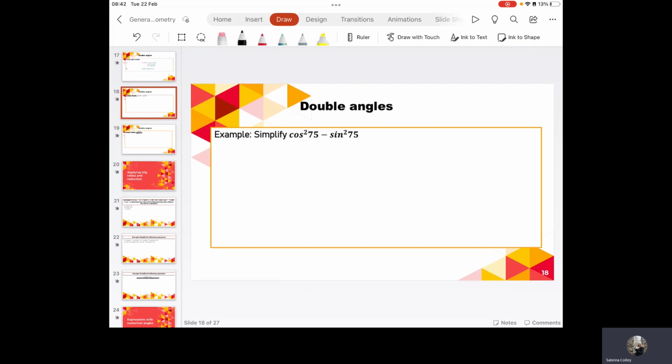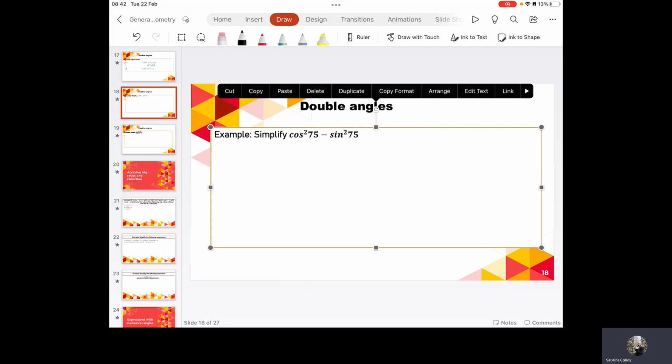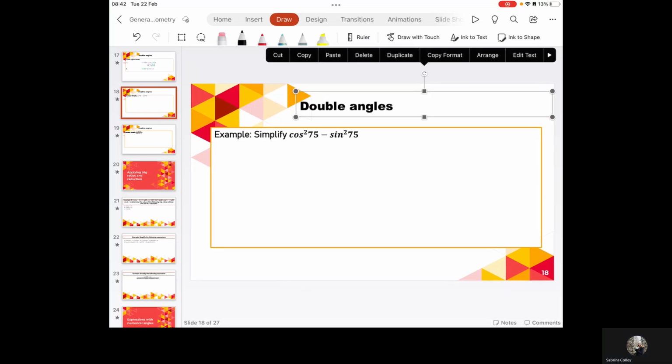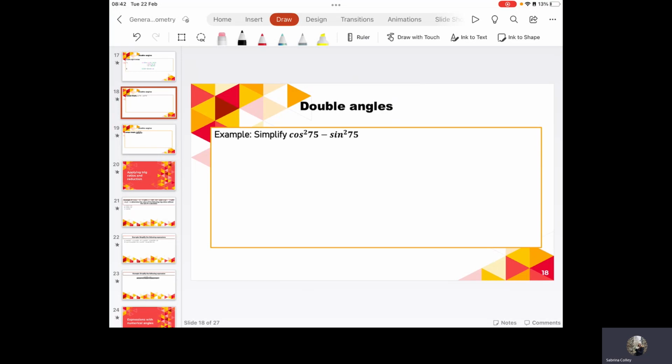If I look at this one, I've got cos squared 75 minus sine squared 75. Immediately this needs to trigger, like with your identities, that knowledge that I've seen this before.